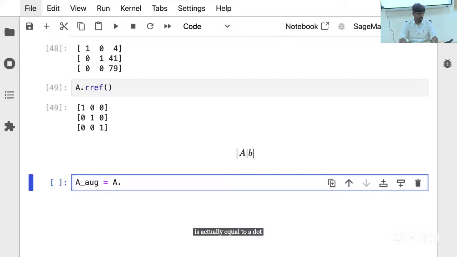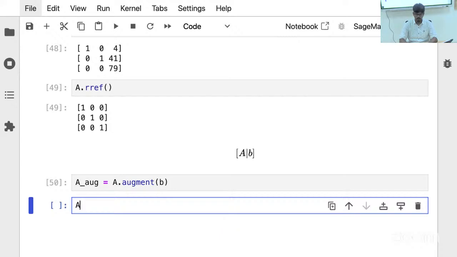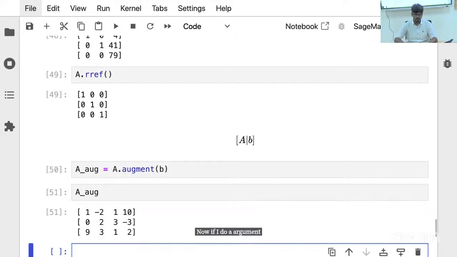Now SageMath has a function called augment, with B. Now if I do A augment, you can see that the B column, which is 10, minus 3, 2, is augmented.